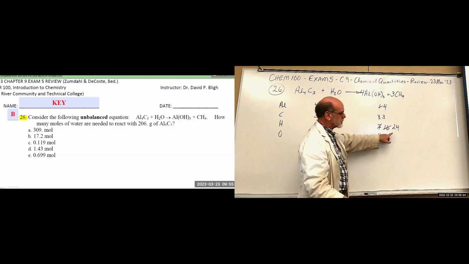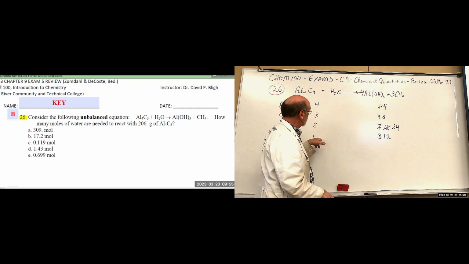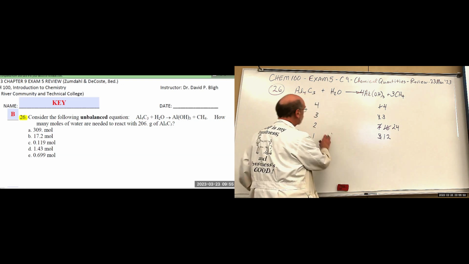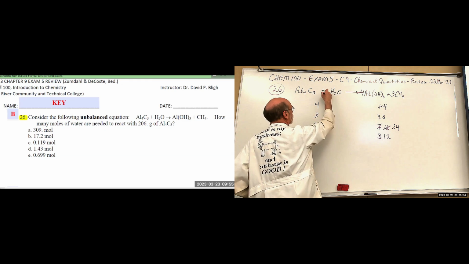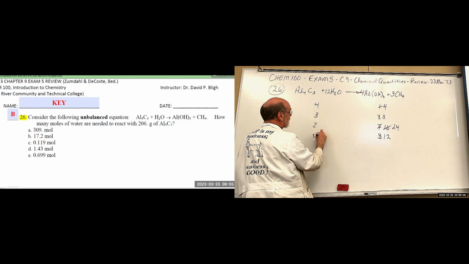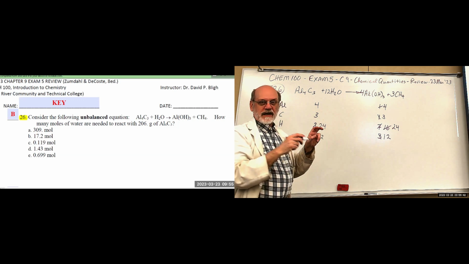Notice the ratio here is 2 to 1, and the ratio here is 2 to 1, and the ratio here is 2 to 1. If we put a 12 right there, that will give us 12 oxygens and 24 hydrogens. And we're balanced.